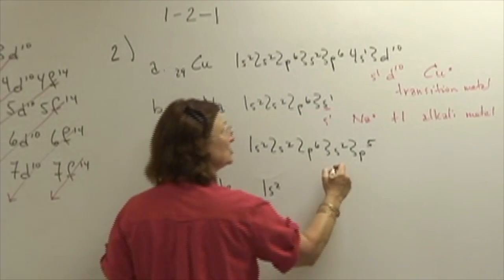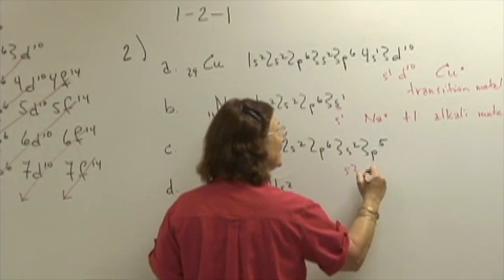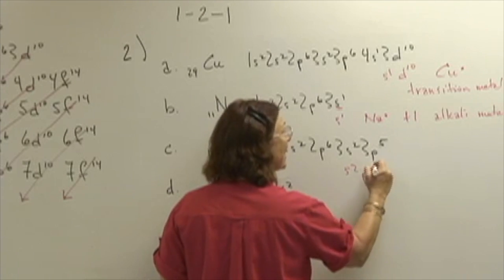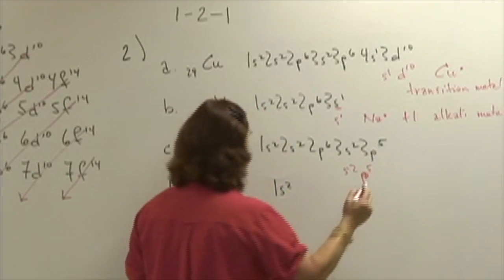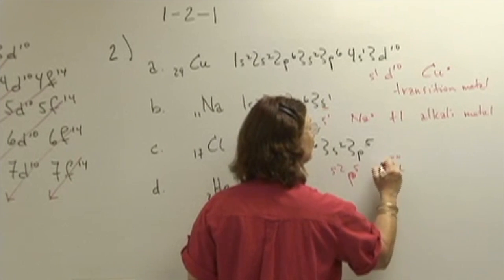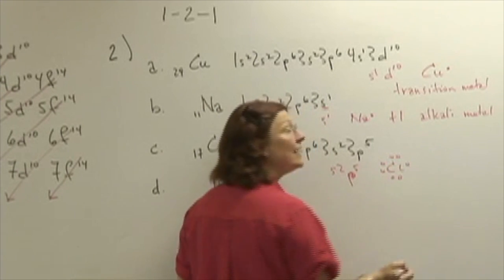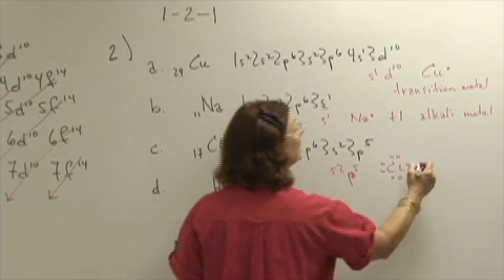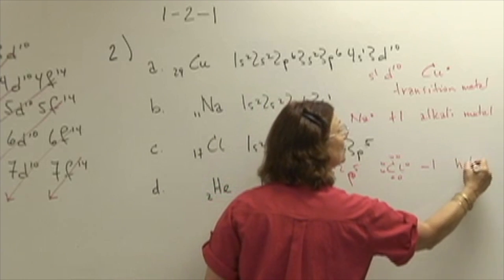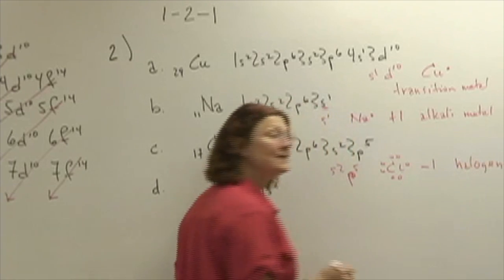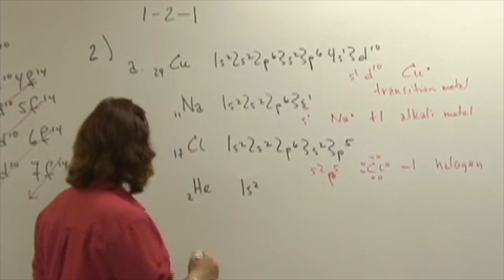Chlorine ends in s2p5, and therefore it has 7 dots. It has an oxidation number of -1, and it is a halogen, is its family name.